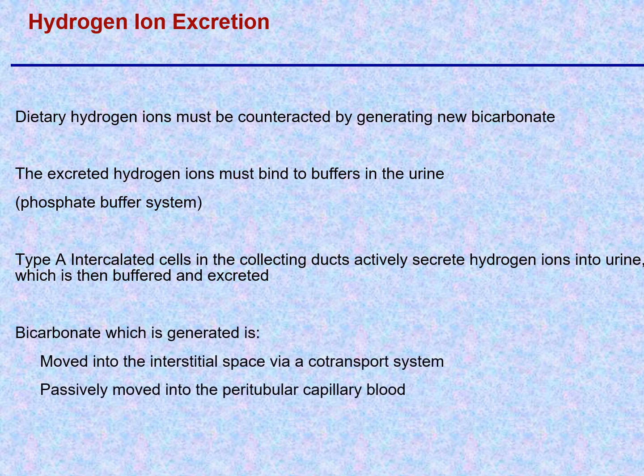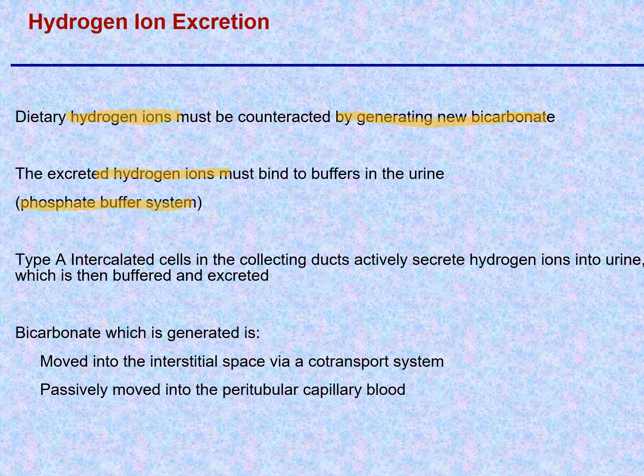In terms of generating new bicarb, hydrogen ions that you take in the diet have to be counteracted by generation of new bicarb. This involves excreting hydrogen ions, which bind to buffers in the urine. In fact, they bind to phosphate buffer.